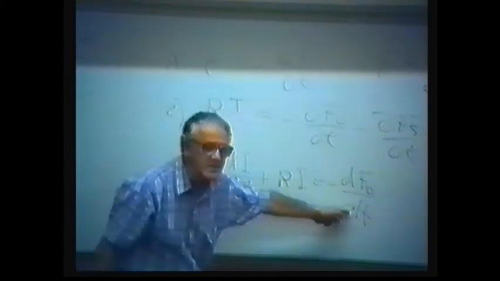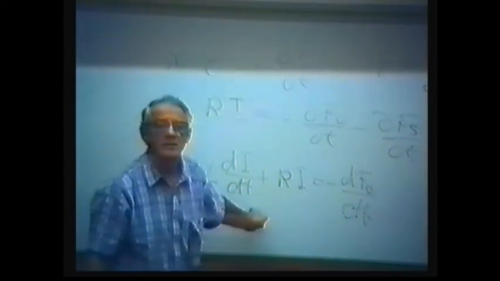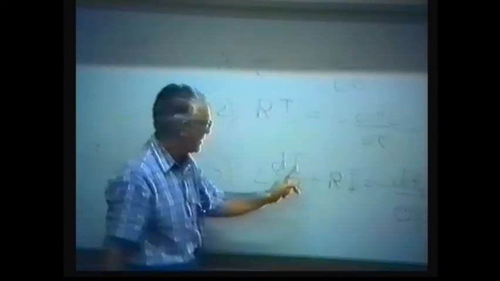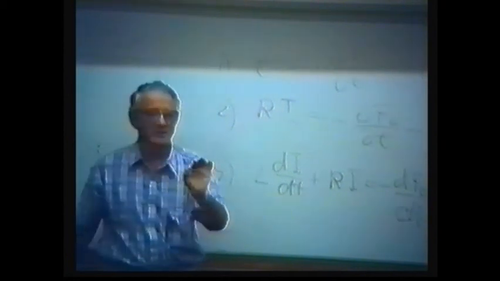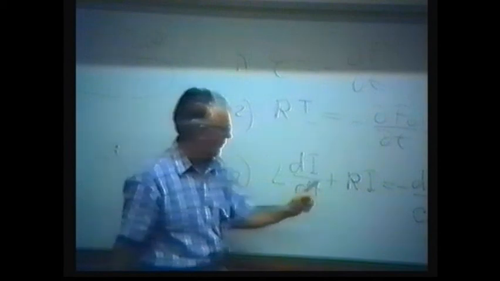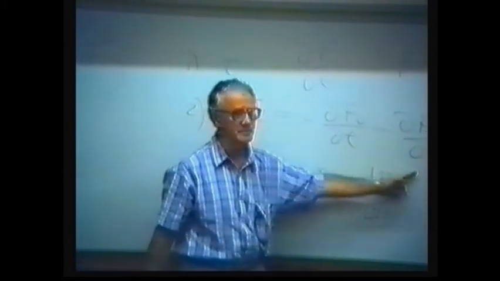Let us compare first step with last step. No difference. This is Faraday's law. Now, let me test your knowledge of this equation. What is the meaning of this term?